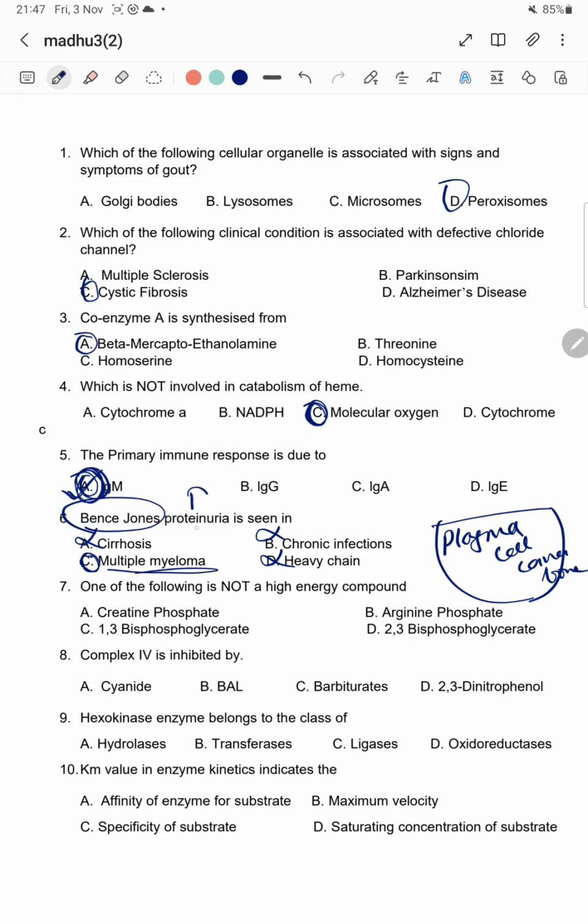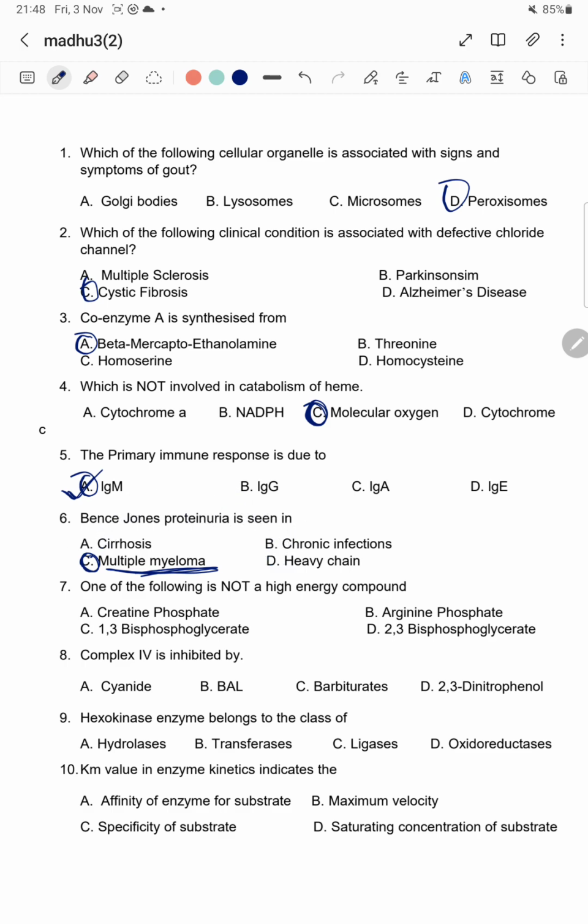Bence-Jones proteins are markers for multiple myeloma. If an individual has plasma cell cancer, in his or her serum you can see Bence-Jones proteins. So multiple myeloma is the correct answer for the 6th question.